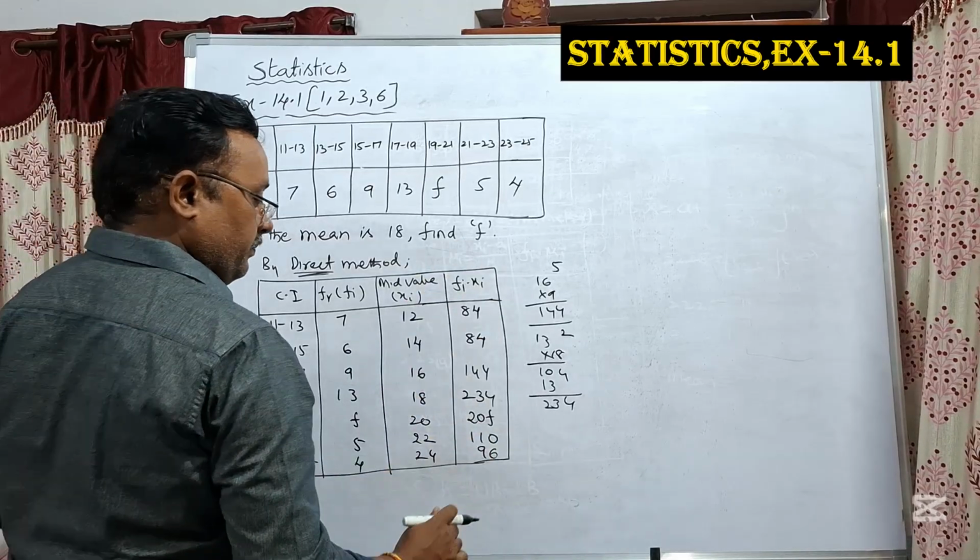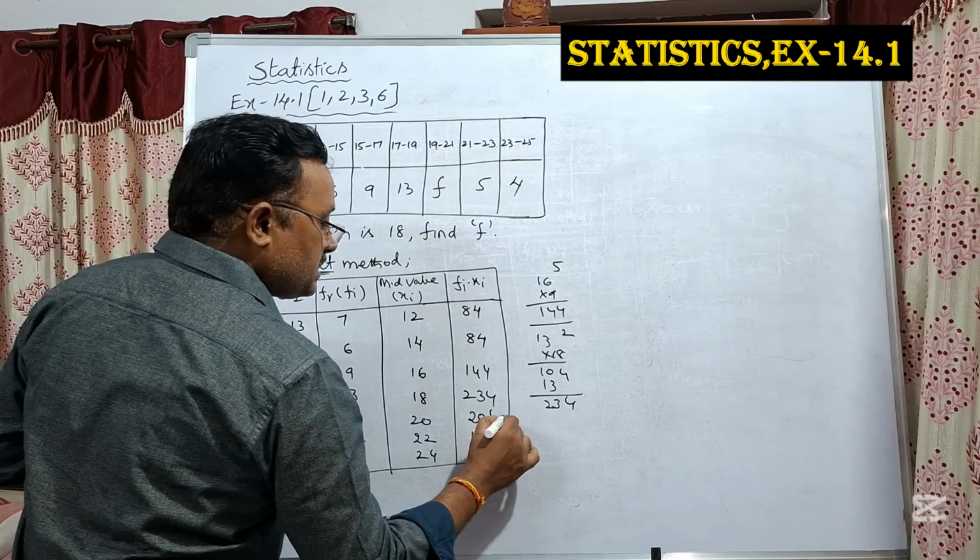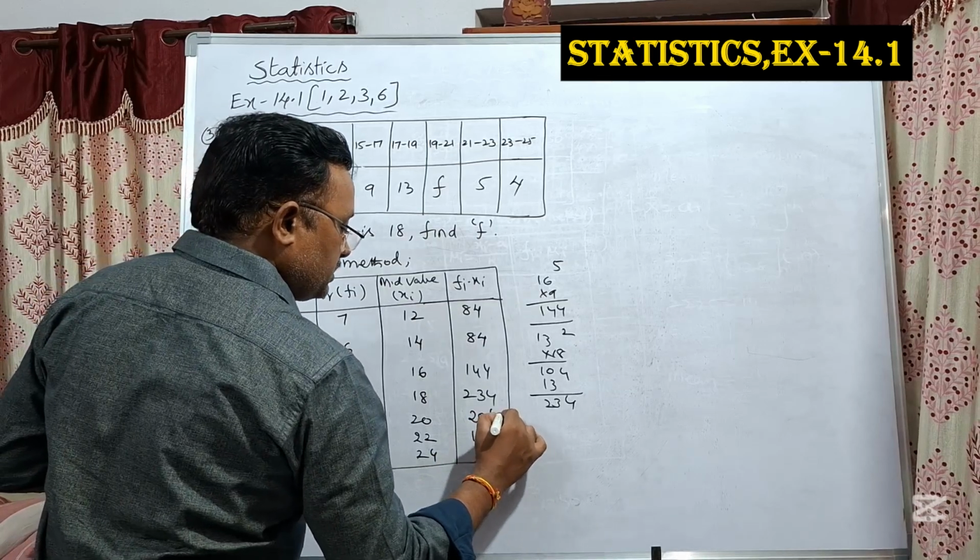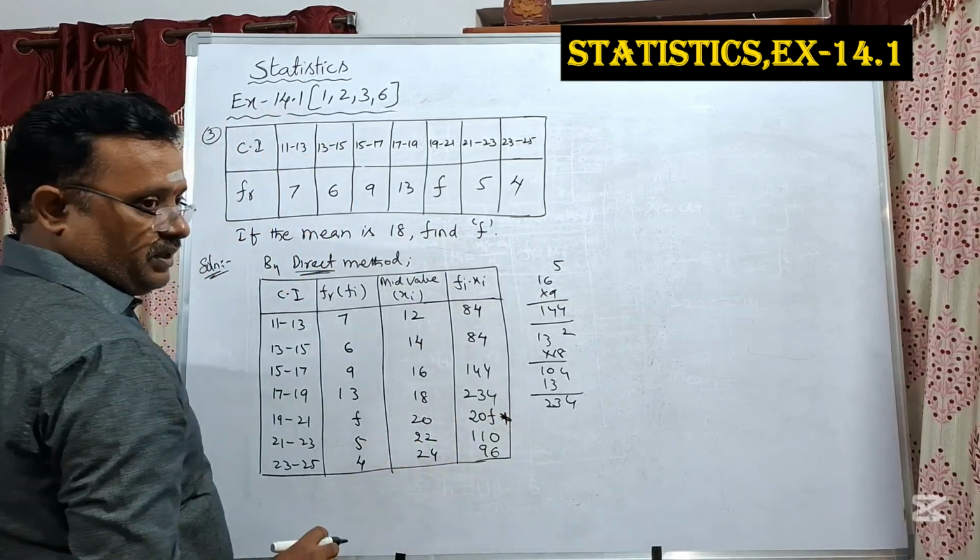Just add them. But here please observe specifically this f value. This is the missing frequency value.